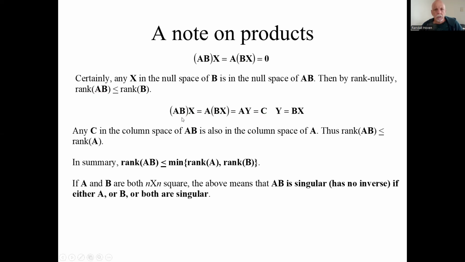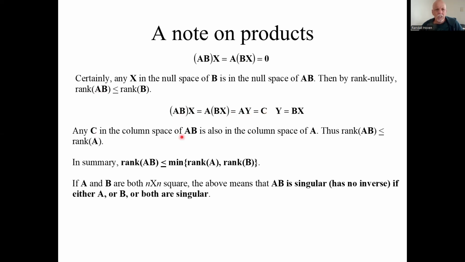And here's another equation. I'll take that product times x. I'll regroup it a little bit and redefine what Bx is, I'll call that y. Anyway, that all equals c. ABx equals c and Ay equals c.